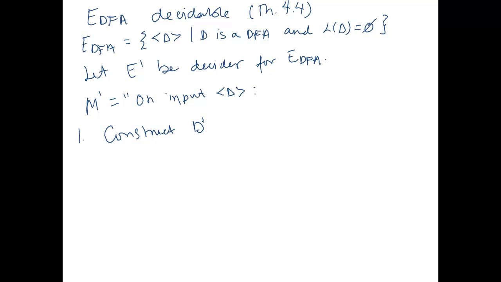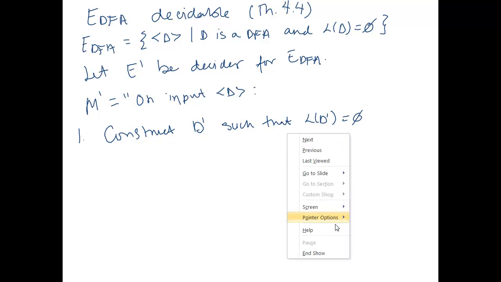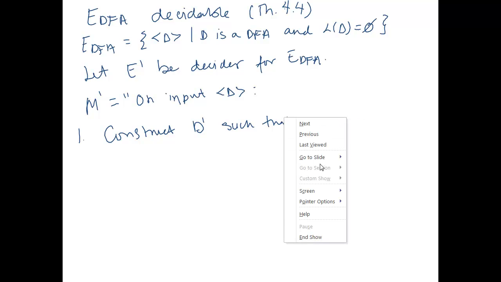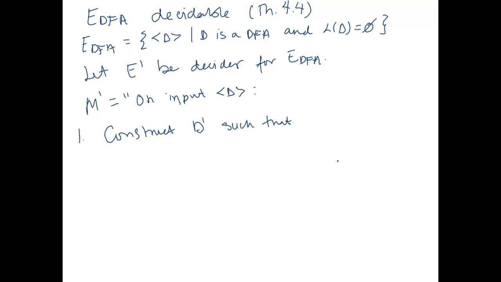It's a DFA such that the language of D prime... Oh, is this what I mean to do? This is not what I mean to do. Hold on. I jumped ahead. Okay. We're going to construct D prime such that the language of D prime is the complement of the language of D.